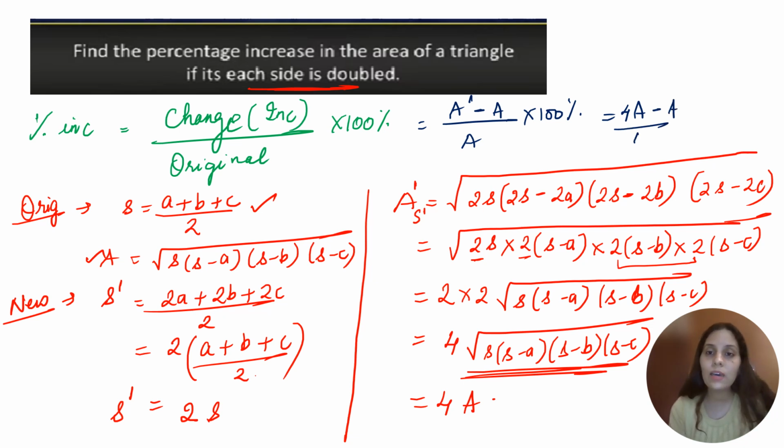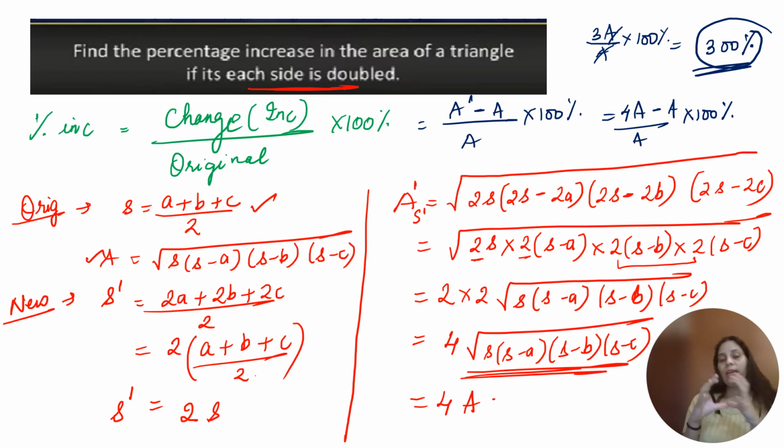Original area is A, so 4A minus A is 3A by A into 100. A gets cancelled. So we get 300%. So this is our final answer. If the sides are doubled, the area will increase by 300%.